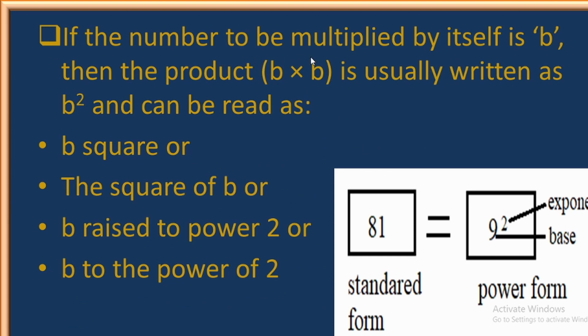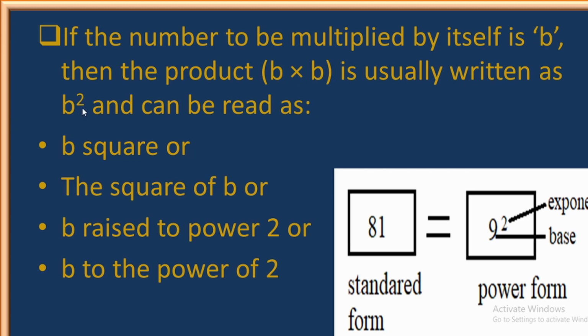If the number to be multiplied by itself is b, then the product b times b is usually written as b square.